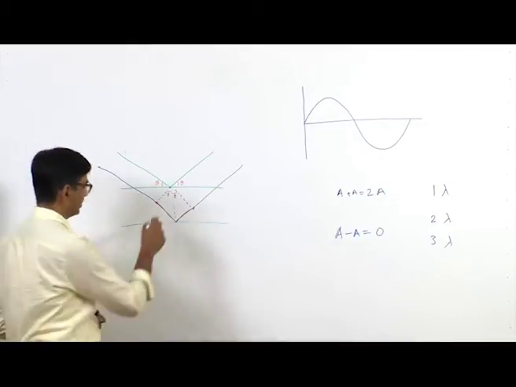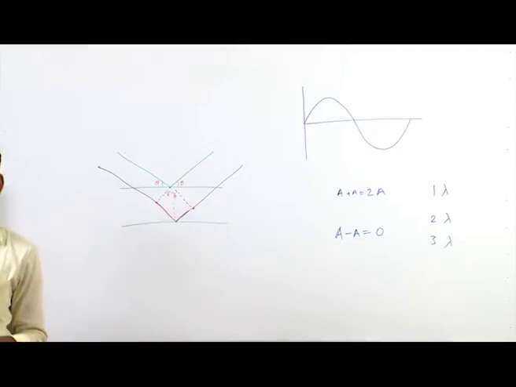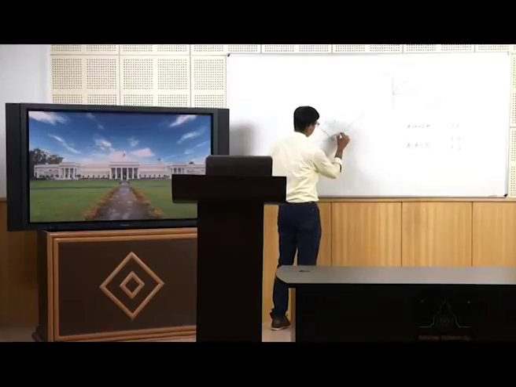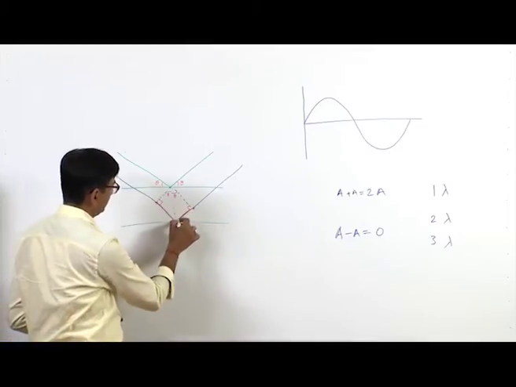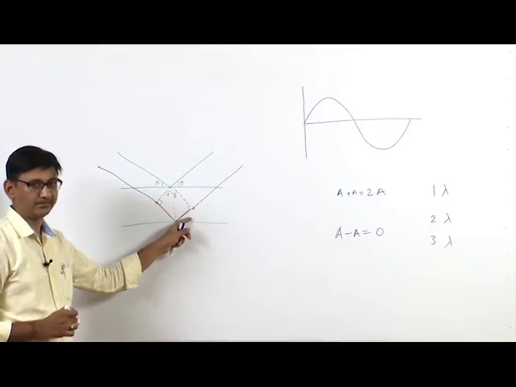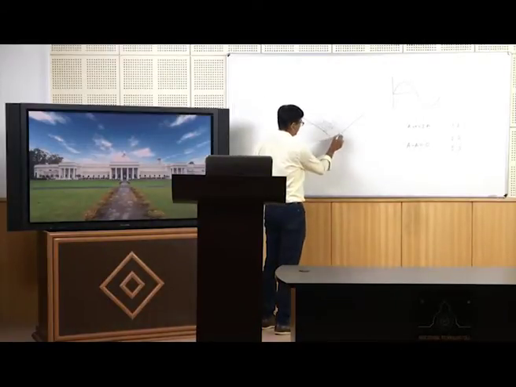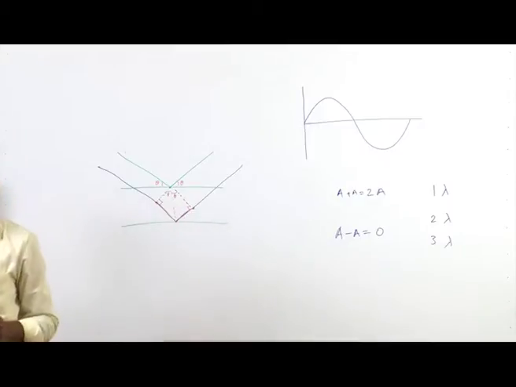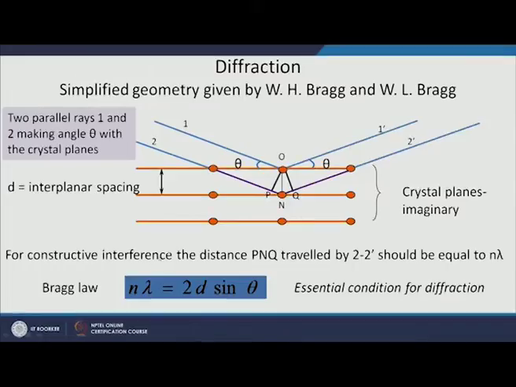I have to find this particular distance here, where this angle is theta and this angle is 90 degrees.